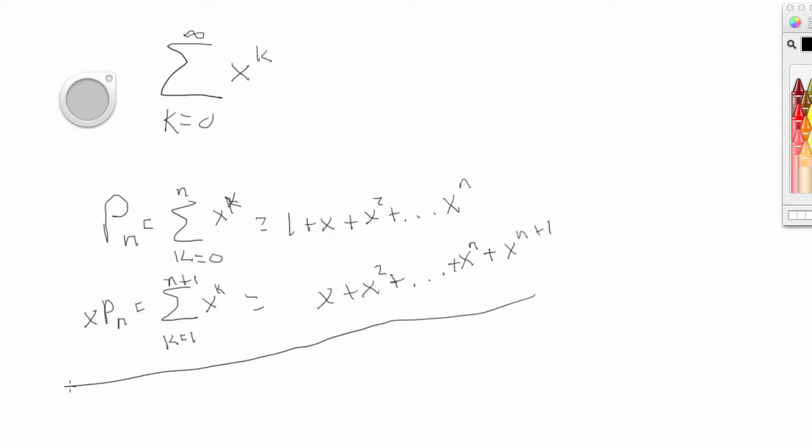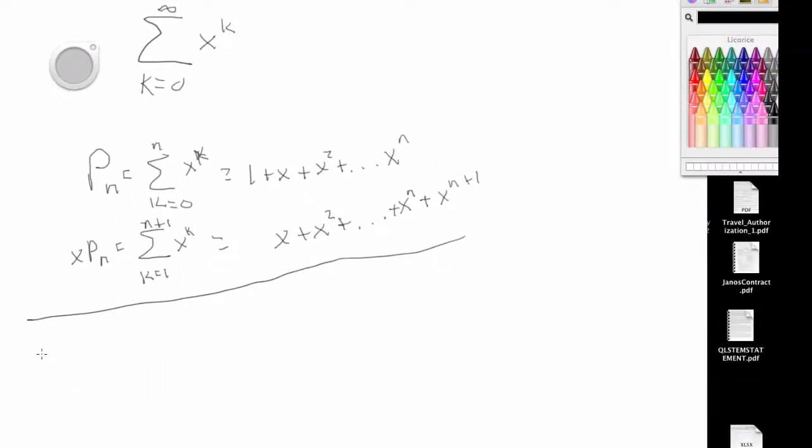And now I can subtract these two things, and I get p sub n minus x times p sub n, and that's equal to, if I look here, I have 1, and there's no 1 to cancel that on the bottom, but I have x minus x, so that cancels, and x squared minus x squared cancels, out to x to the n minus x to the n, and that cancels, and so I'm left with 1 minus x to the n plus 1.